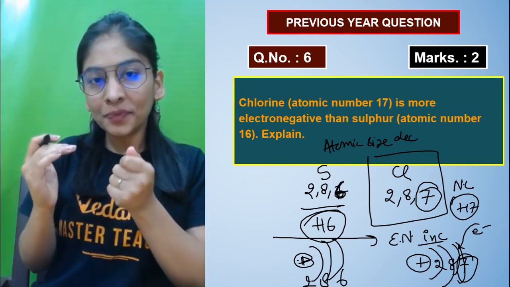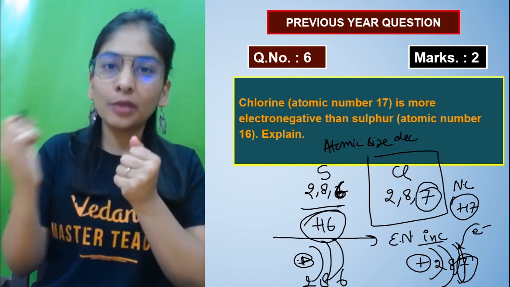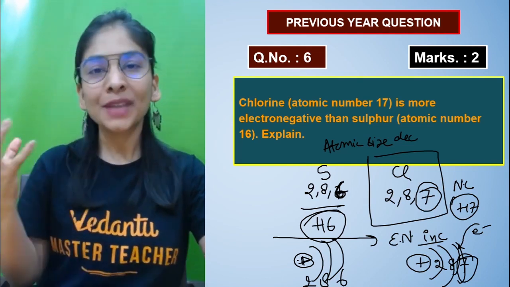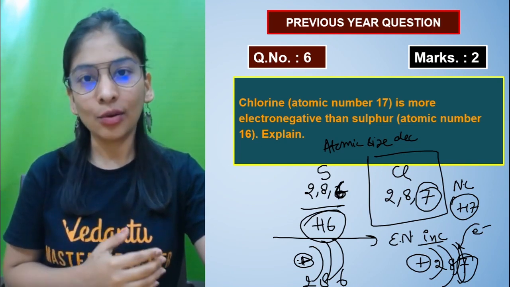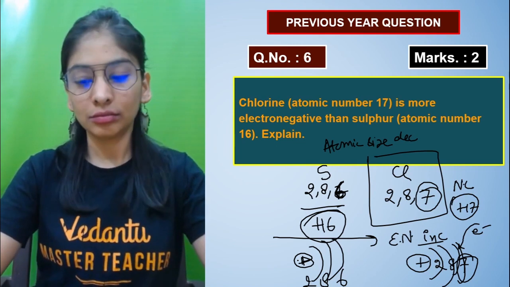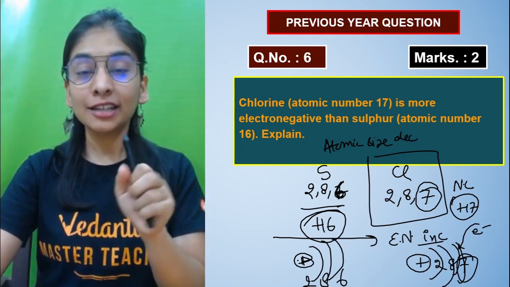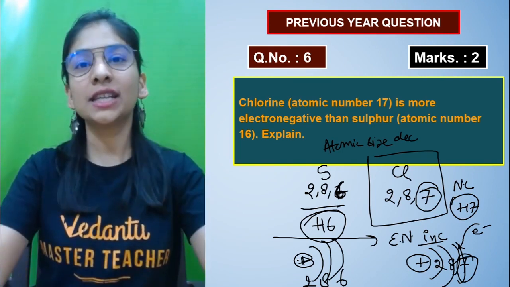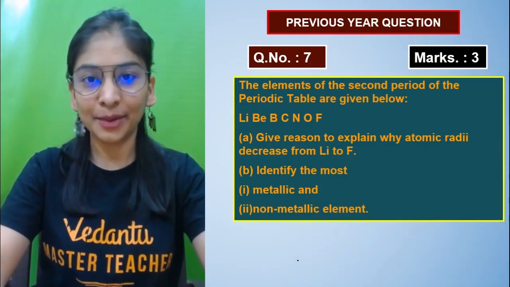When an electron comes, it will be strongly pulled by the nucleus, so chlorine shows more electronegativity, because electronegativity is nothing but the tendency to attract the electron from a shared pair of atoms. Okay, this is important. Now we'll move ahead. I hope you got it. If we consider these two things, how atomic size decreases in a period and how electronegativity increases in a period, we should revise these two topics as well.